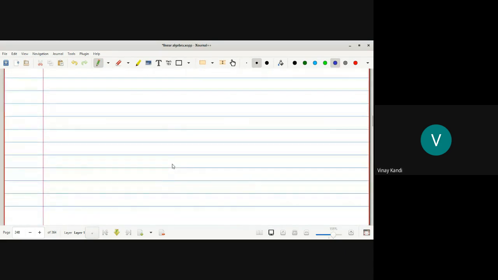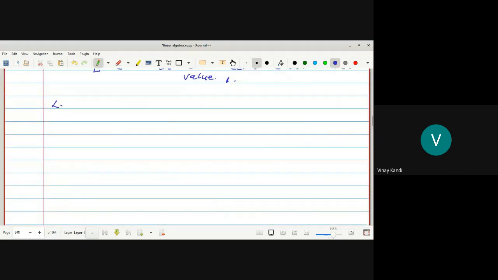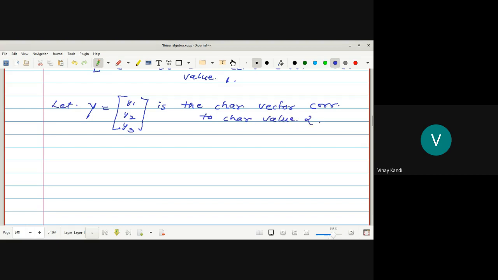Now let y, that is y1, y2 and y3, be the characteristic vector corresponding to characteristic value 2. Then what we get? Ay is equal to 2Y.